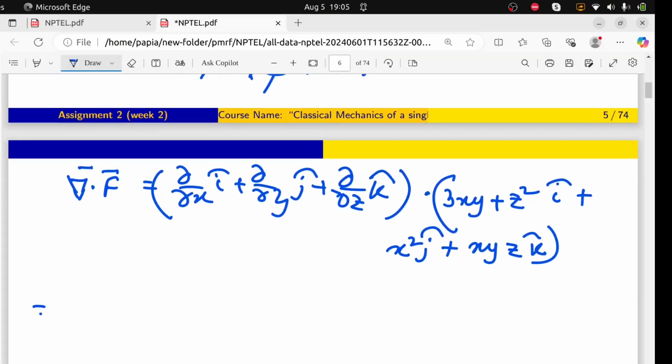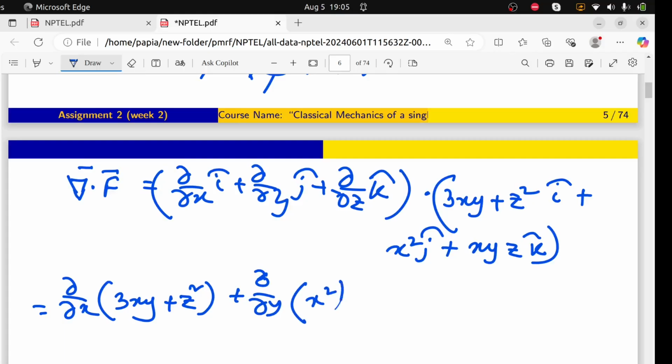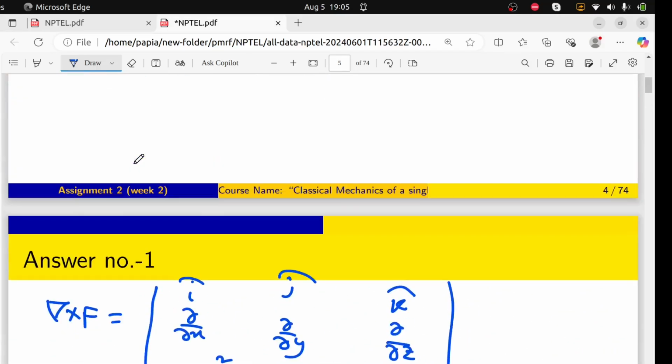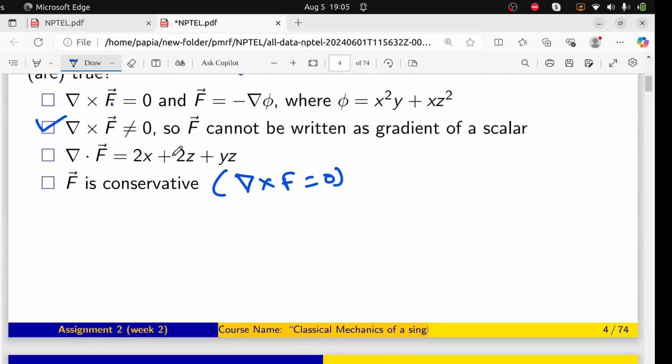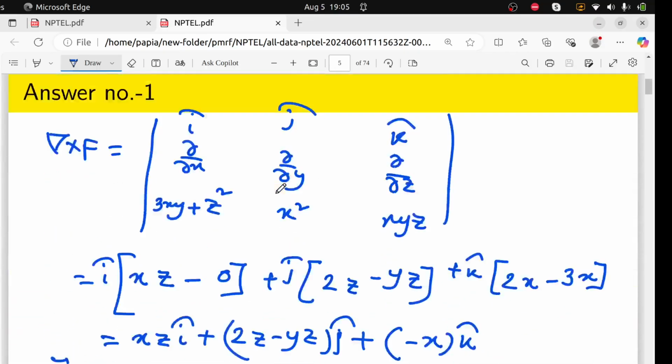Okay, so you can see the answer is del x of 3xy plus z square, plus del y of x square, plus del z of xyz. It is like 3y plus xy. So divergence of F equals 3y plus xy. But here the option says divergence of F is 2x plus 2y plus 2z plus yz. So that is also not correct. Okay? So only the second one will be the correct option.